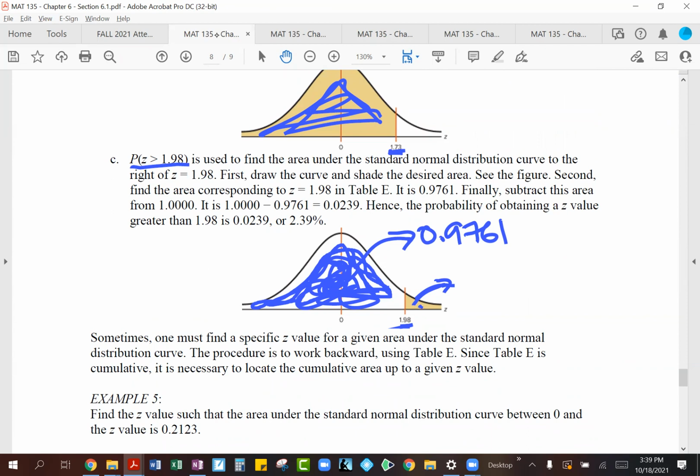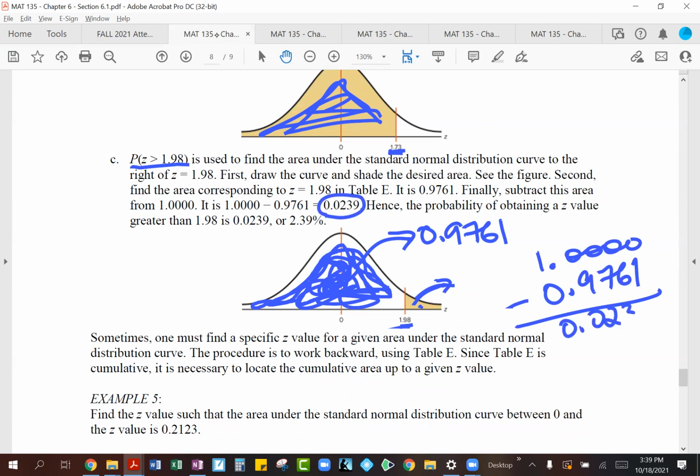We know the entire bell curve has an area of 1. So from 1, and again, you can make it into decimals by putting zeros at the end, you subtract this area we found, 9761, and you end up getting 0.0239, which is approximately 2.39%.